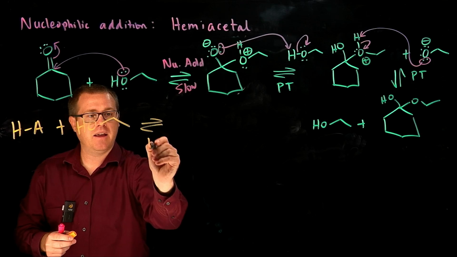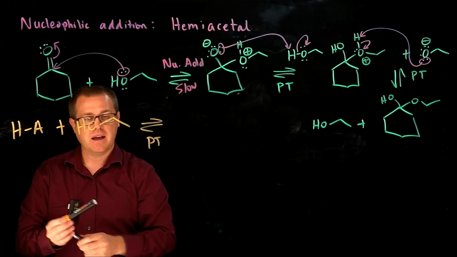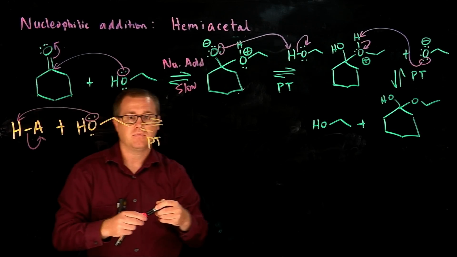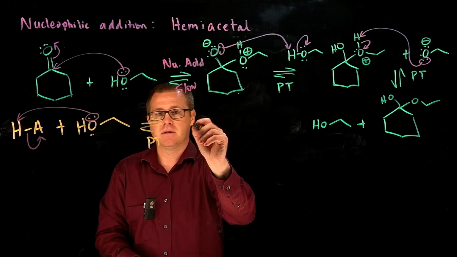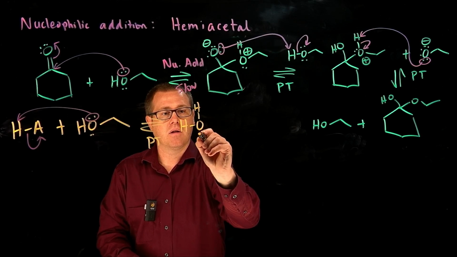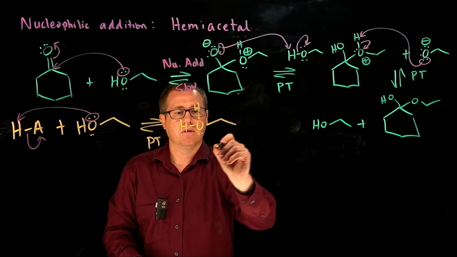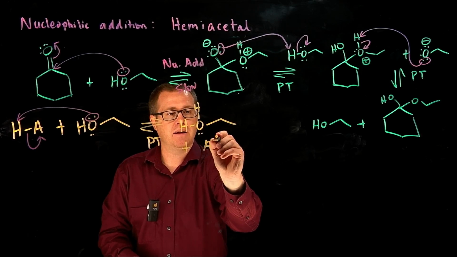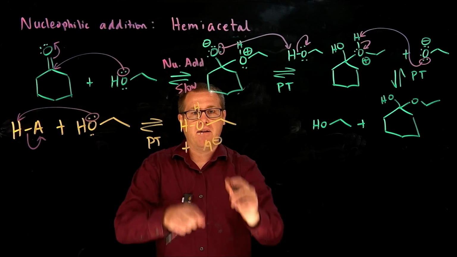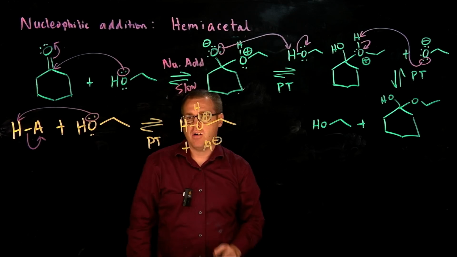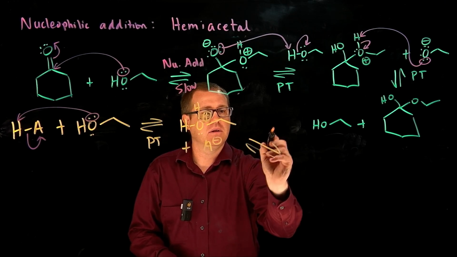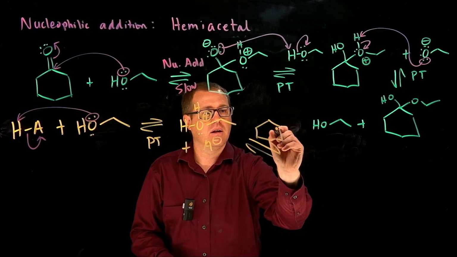We are going to have a proton transfer, as you would expect, electron rich, electron poor. We're going to generate that species right there, plus our A minus, our conjugate base. So now we have a protonated alcohol. We are now going to take that protonated alcohol and treat it with our ketone here.